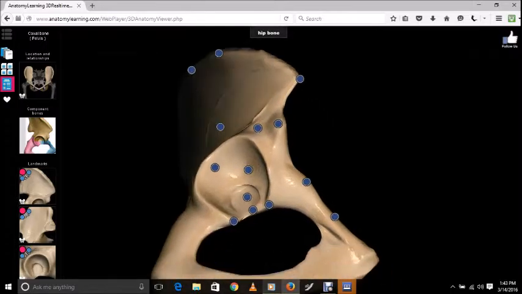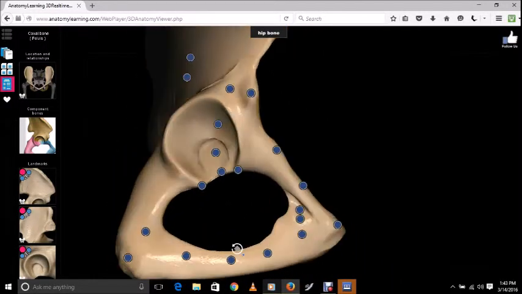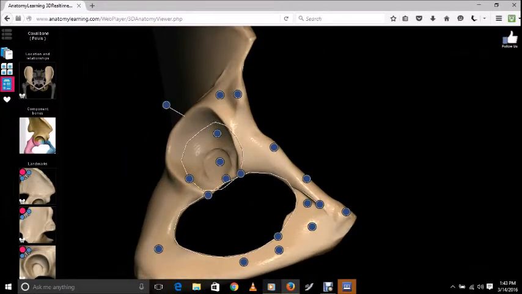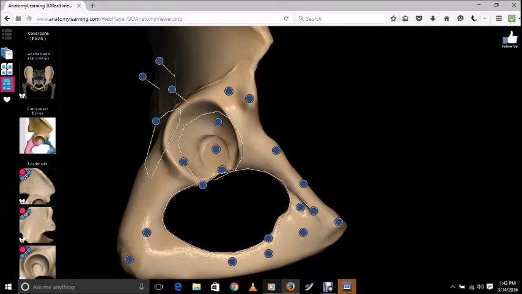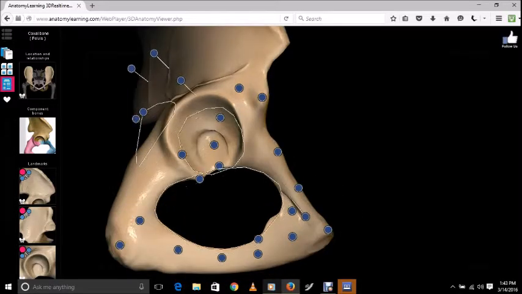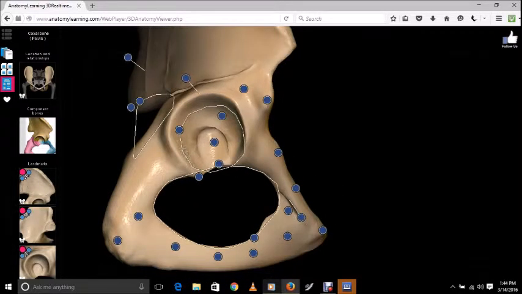I'm going to go back and address this gap right here. I had some trouble remembering the name of this hole in the beginning. It's called the obturator foramen. And I had to keep on going back to the book and seeing that it was obturator.